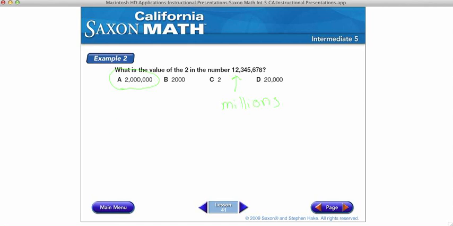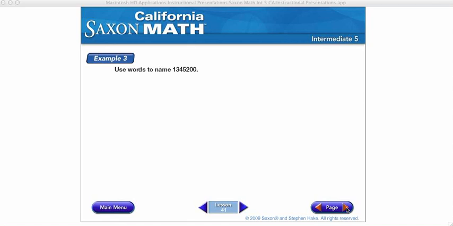All right, example 3. Now let's talk about writing words. Use words to name this number. Well, I find it easier when I'm having to write a word name for a number to rewrite the number on my paper, making sure that I'm putting commas in the correct places.